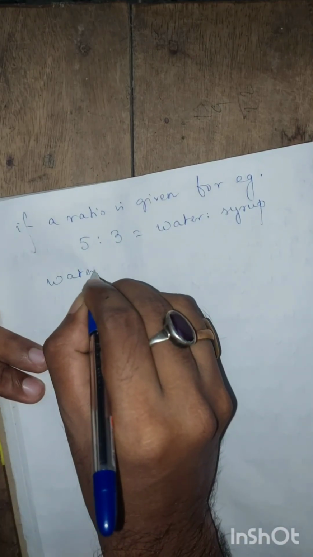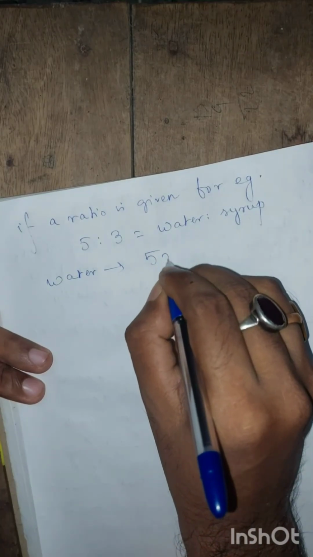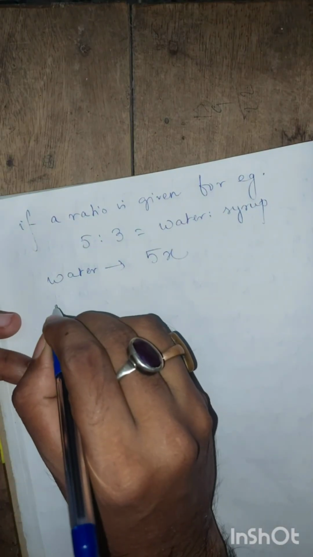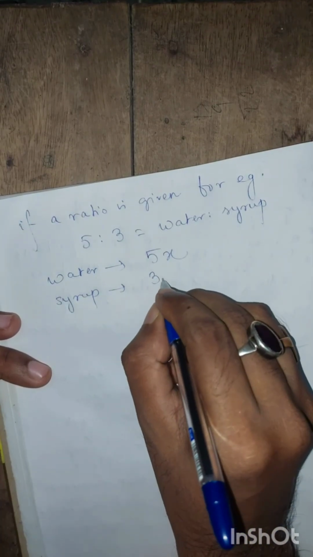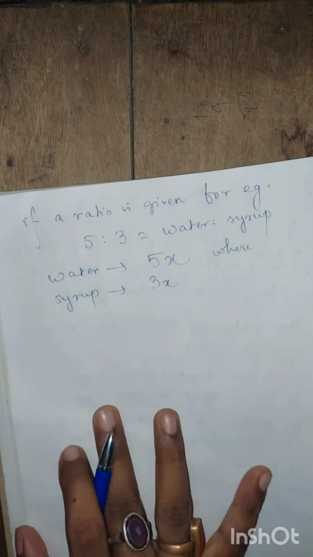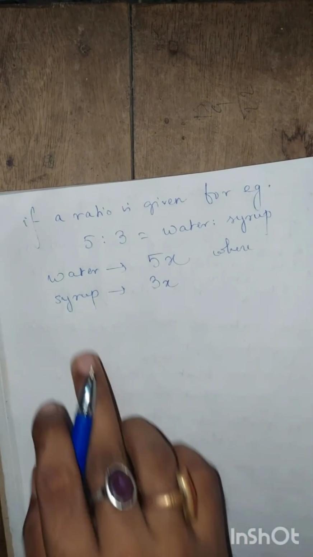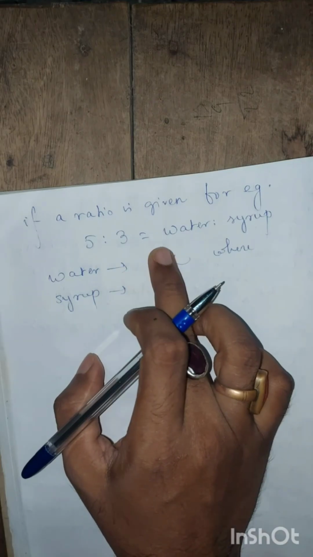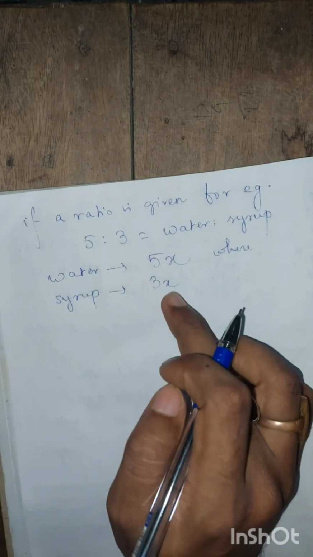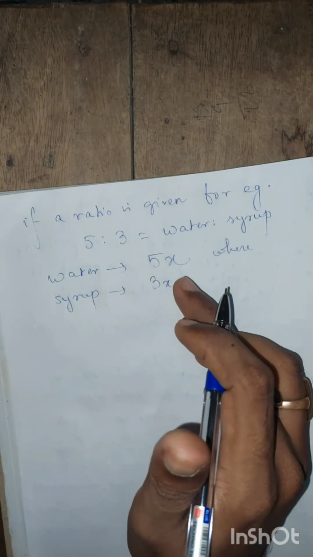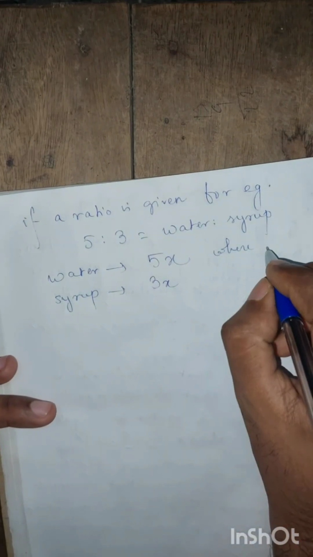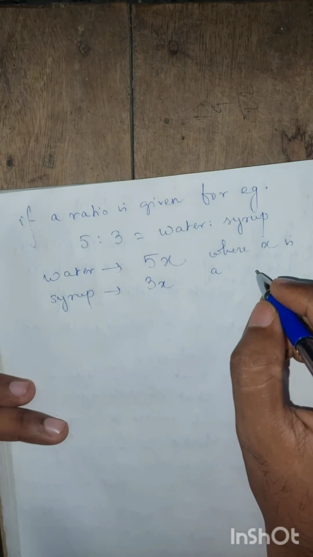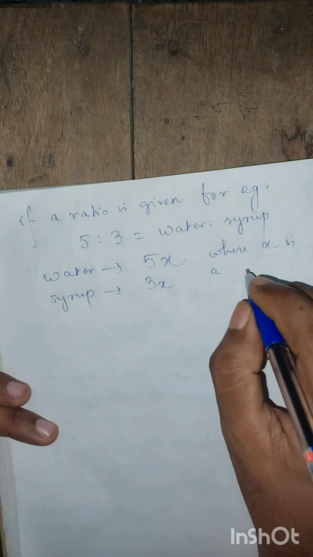That means water is 5x and syrup is 3x. So we can open a ratio if we want by multiplying all the components of it by a fixed, specific number, where x is a positive number.